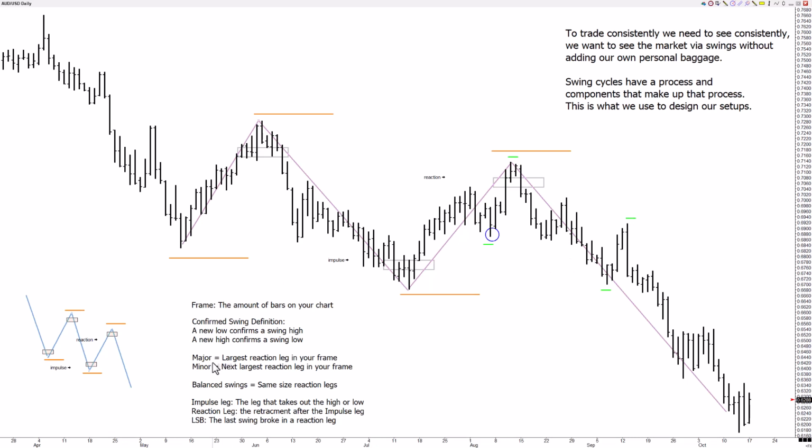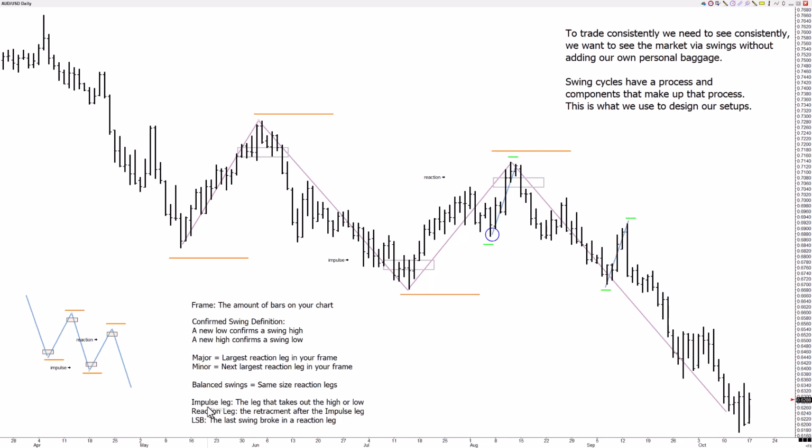And there can be balanced minors and balanced majors. So for instance, these would be balanced majors. And if you see here, these are about the same size reaction legs. And so these would be balanced minors. Now they're not always balanced. It's a distinction that we make.